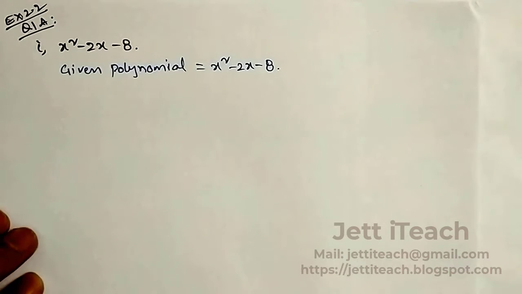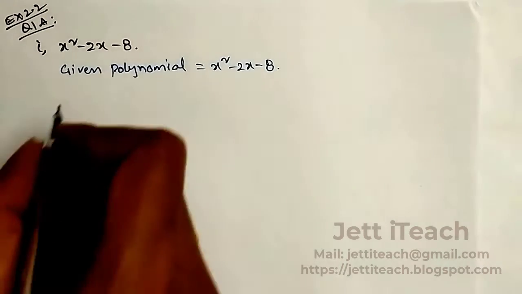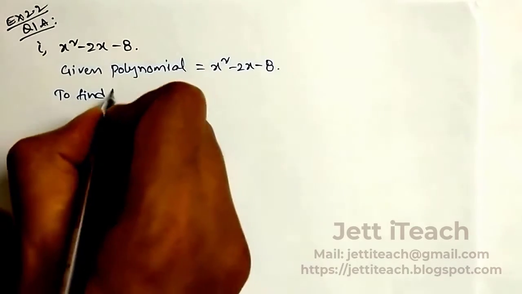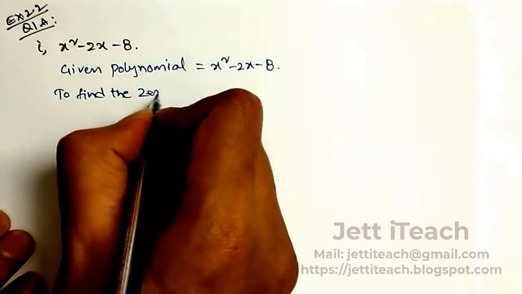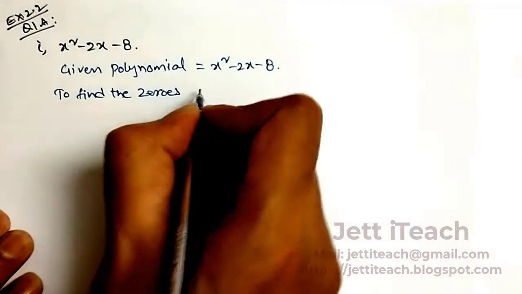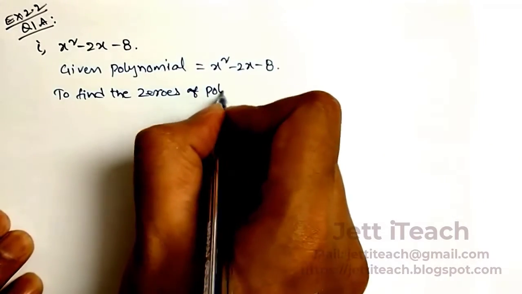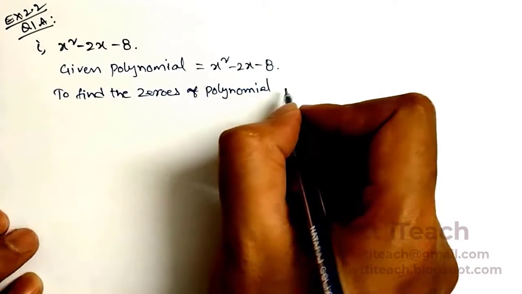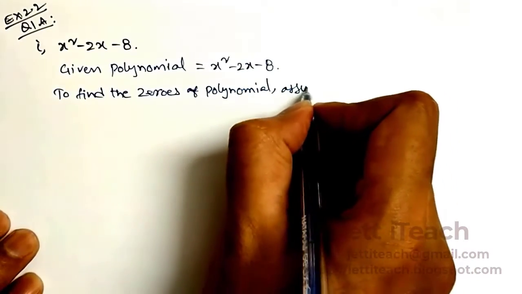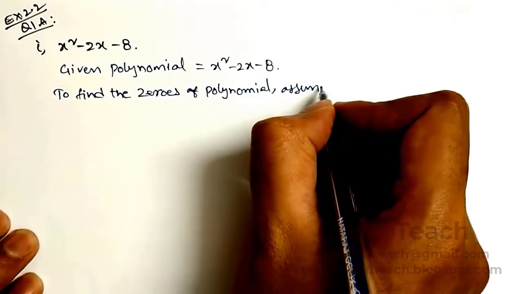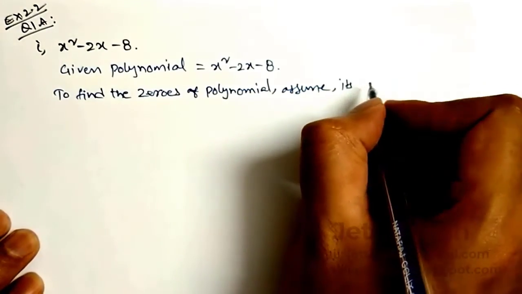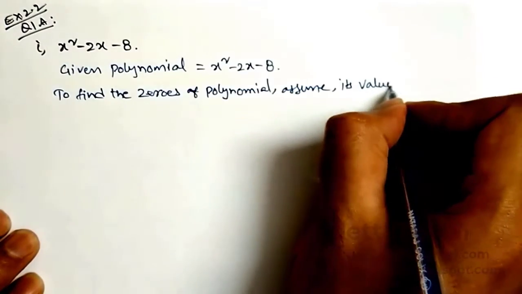Now to find the zeros of the polynomial, assume its value is 0.